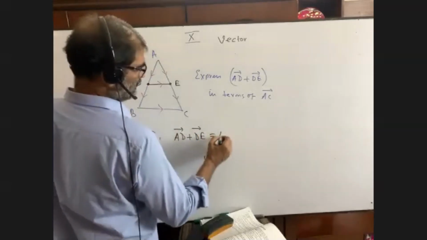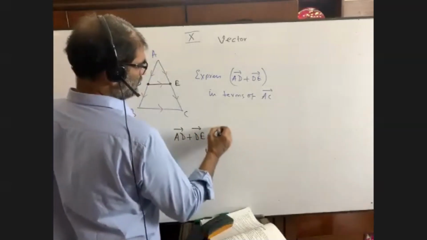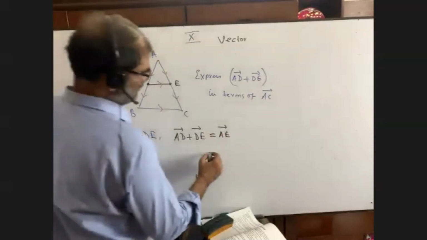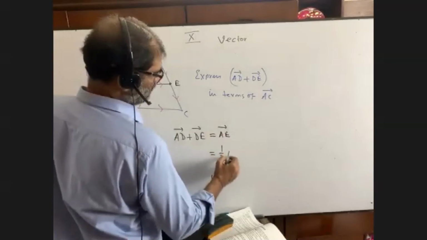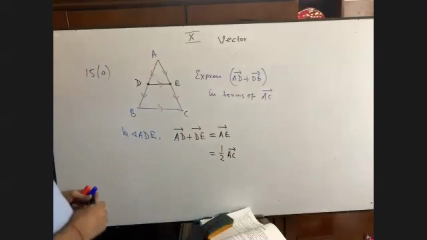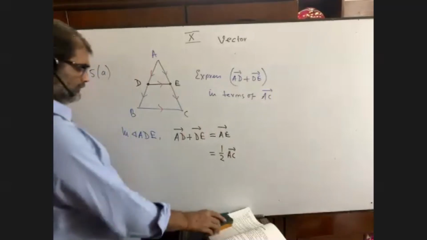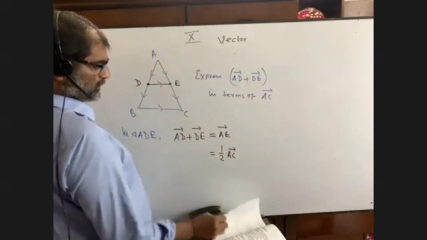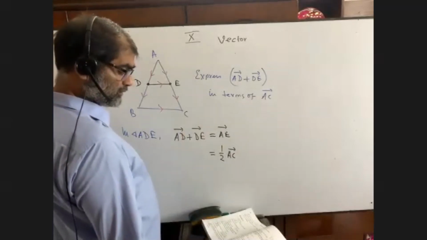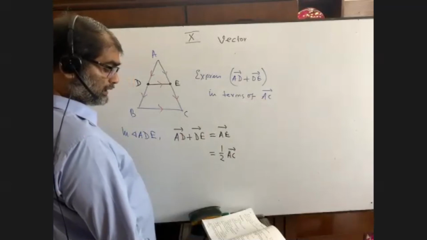AE. Right? Now what about AE? AE equals to half of AC. So math is done here. We have nothing to do. Question number 14, question number 13, question number 12, question 11, all are done.